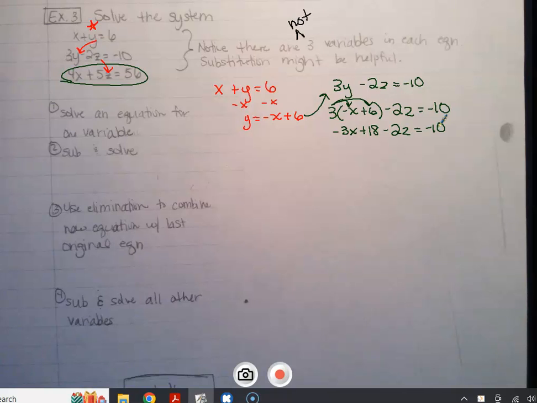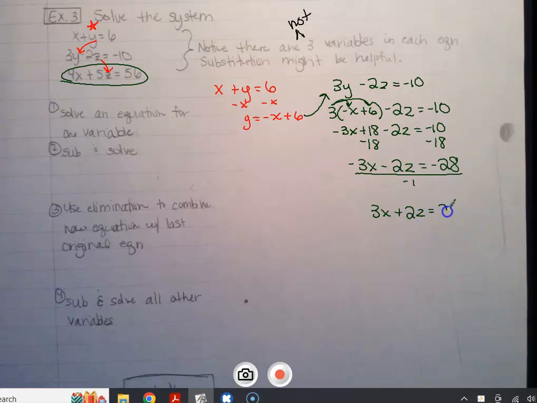Well, let's get our like terms on the same side. So I'm going to subtract 18. So I have negative 3x minus 2z equals negative 28 at this point. Oh yeah, we could divide by negative 1, sure. So then we just have 3x plus 2z equals 28. Then we don't have all the negatives to deal with. I like it.